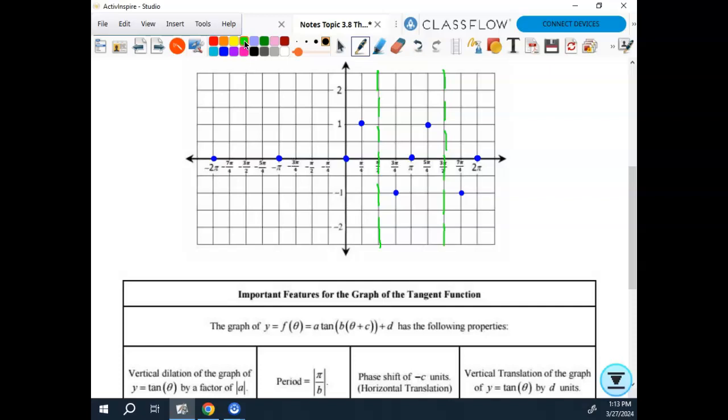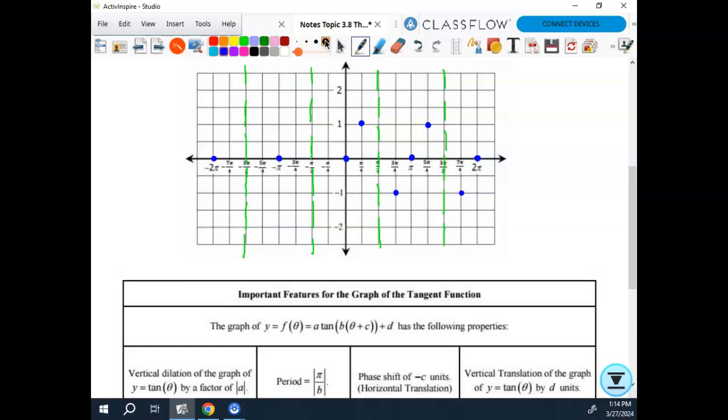So halfway between these two zeros, I can, oops, never want to do that. Okay, there's one asymptote, and then halfway between these two, you get another asymptote. Right? Half, half, half. Everything's spaced evenly. Then I have these points up here, right?